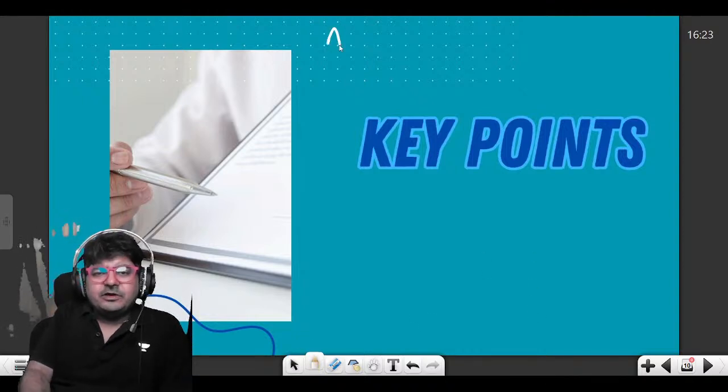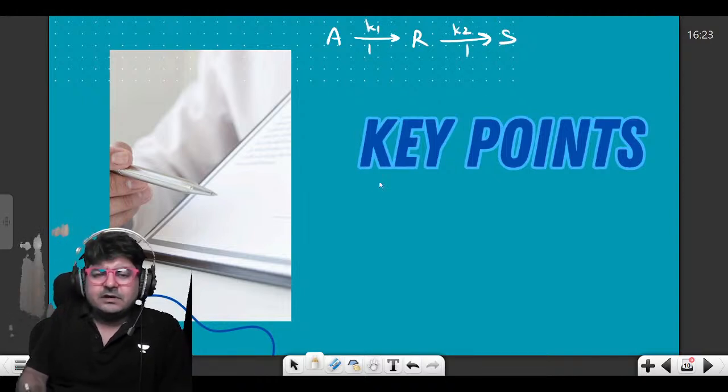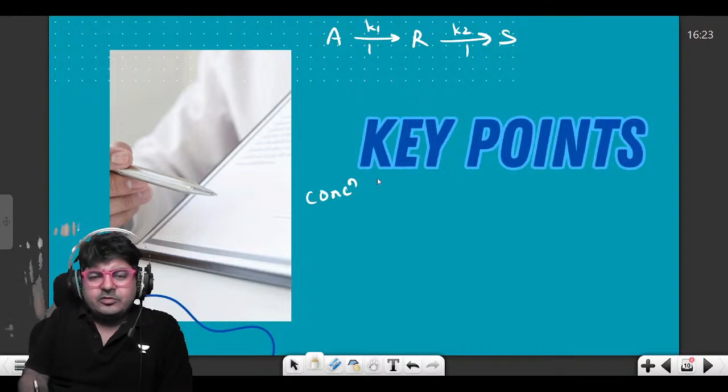Here, in general, if you want to write for the reaction A gives R gives S, you will get K1, K2, order is 1, 1, concentration profiles, or you can say kinetic equations.